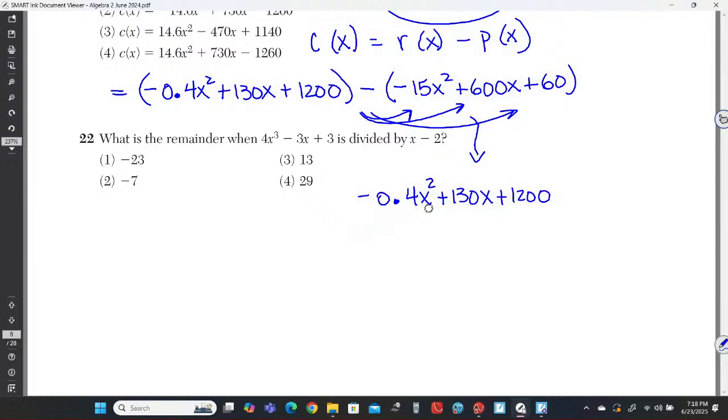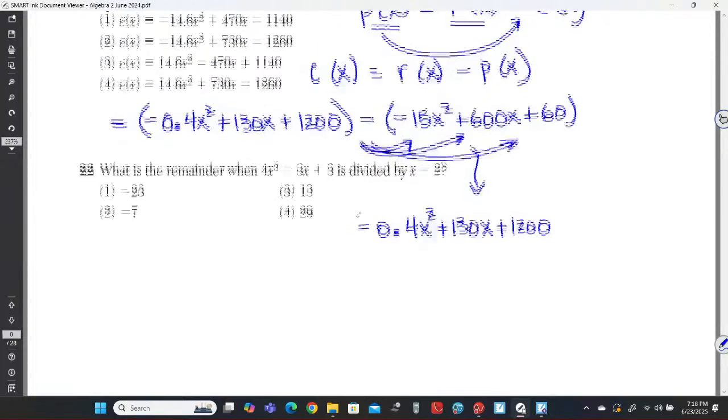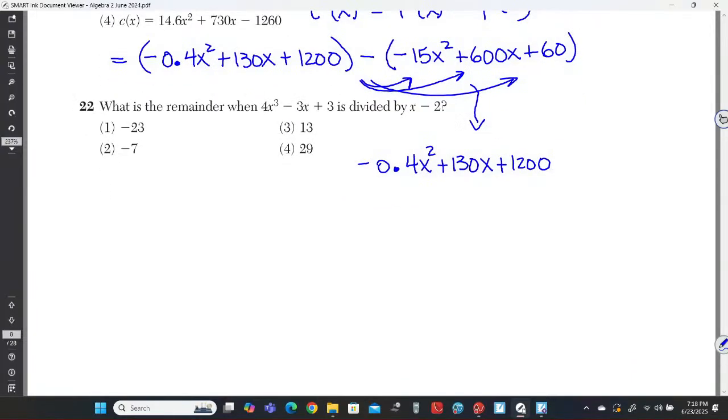And then I just put that random line there. Let me see if I can move this. Nope, can't move it. All right, so then when I distribute the negative, I'll get plus 15x squared minus 600x minus 60. So now I can combine that negative 0.4x squared with that positive 15x squared. That'll give me 14.6x squared.